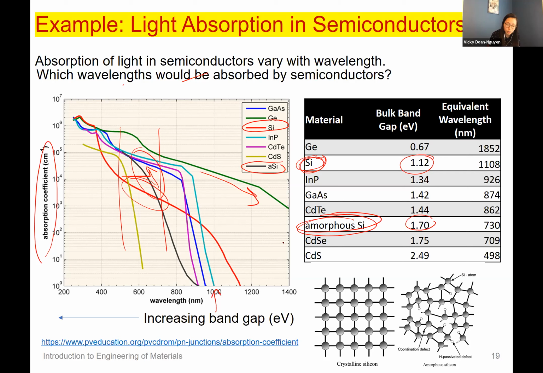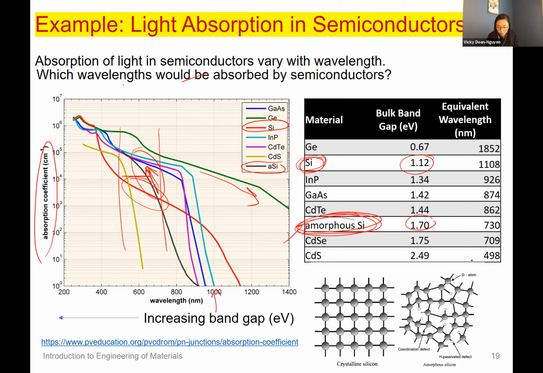So when you decrease the processing costs, it takes less to make amorphous silicon, you could see that the absorption coefficient is higher. So the absorption coefficient is up, and the manufacturing cost is down.